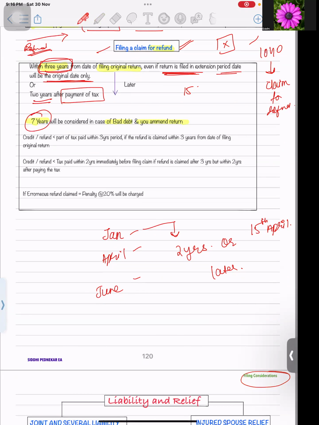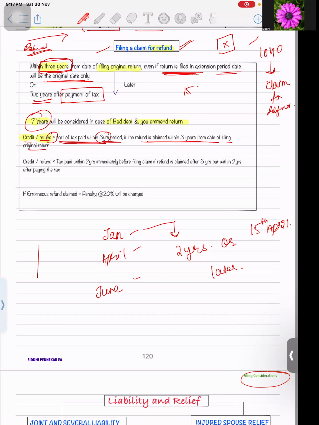Right? So the credit or refund is limited to the part of tax paid within the 3-year period, if the refund is claimed within 3 years from the date of filing the original return. In that scenario, what will happen? The credit or refund you are claiming should be less than whatever taxes you have paid in the 3 years.